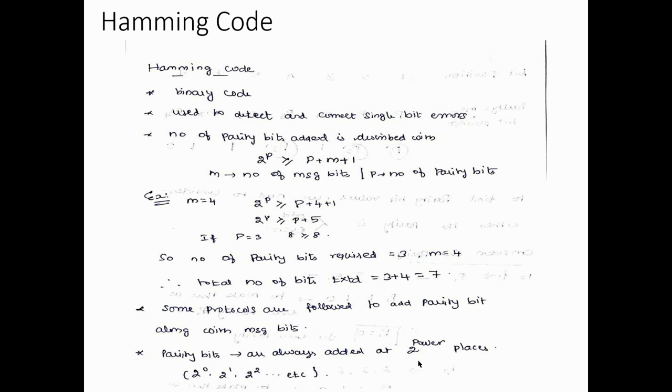So the parity bits are always added at the 2 power places. This is the introduction to Hamming codes.